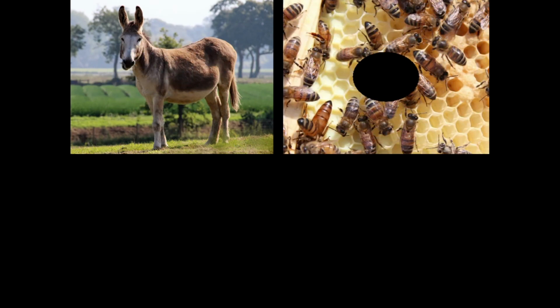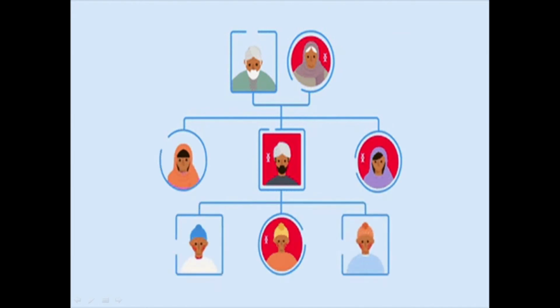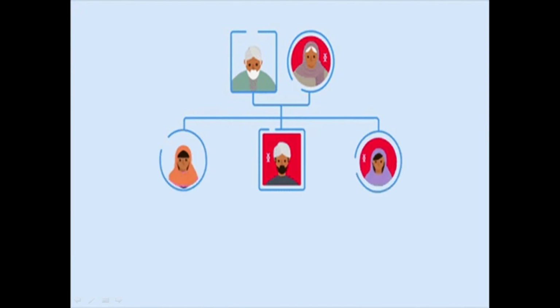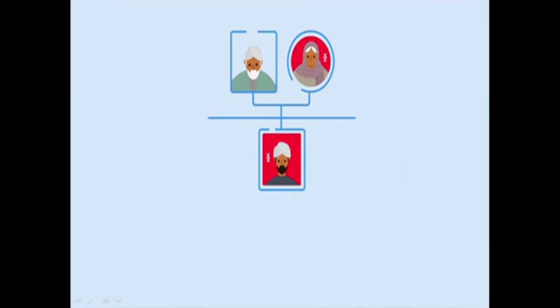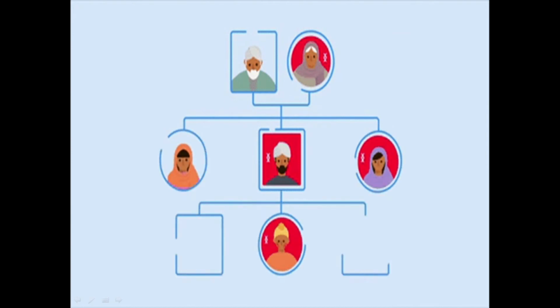For example, mule, worker bees, and infertile human couples, etc. During the reproduction process, parents transfer their genetic material to their offspring from generation to generation. Hence, the offspring always resemble their parents.